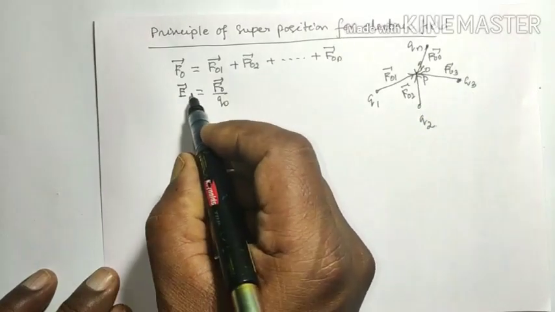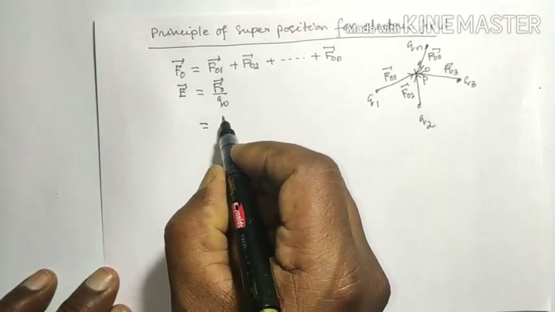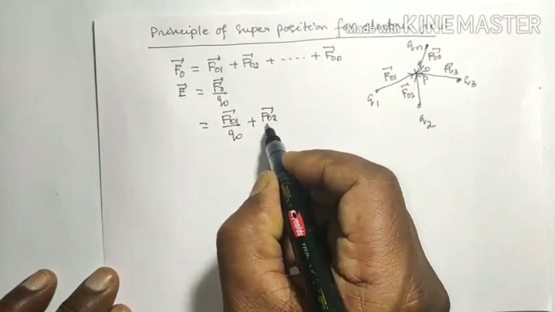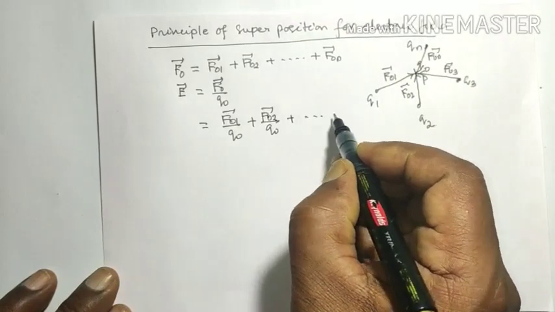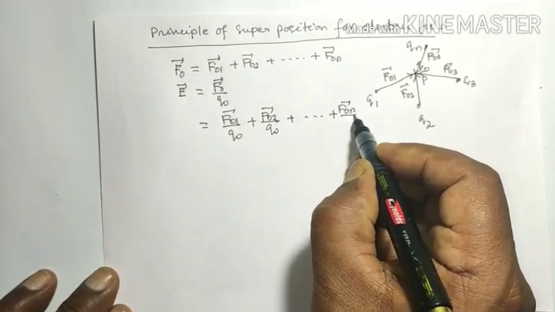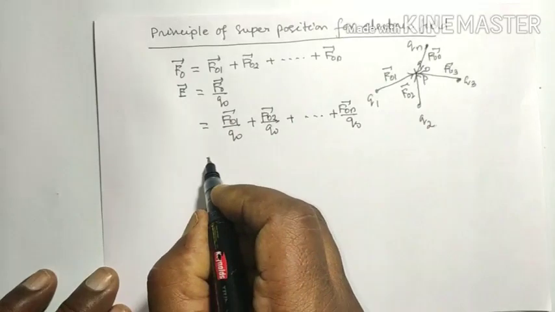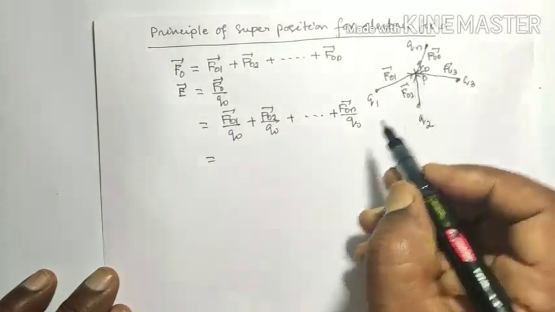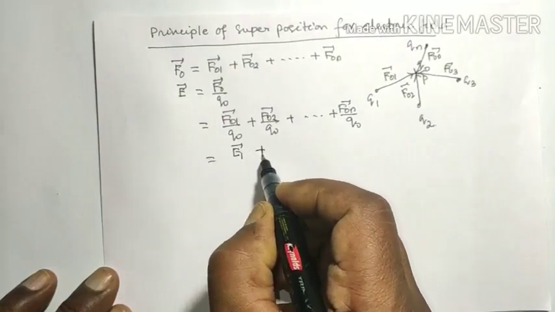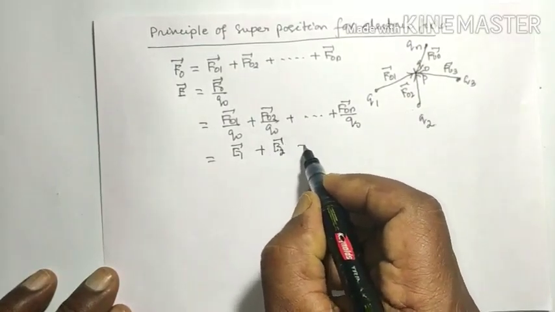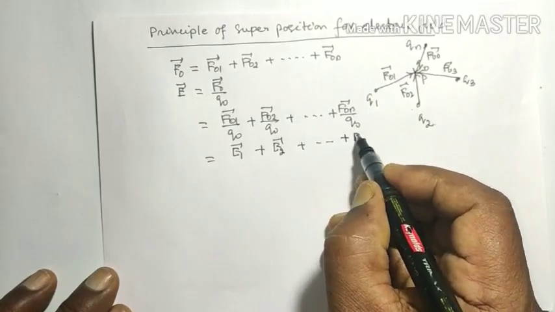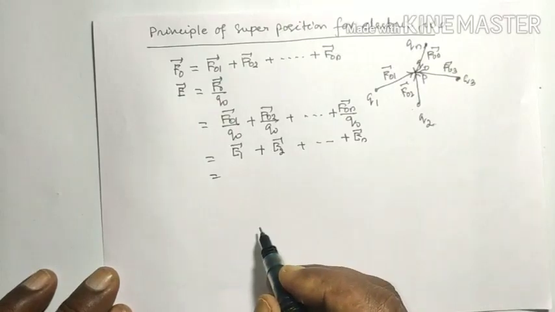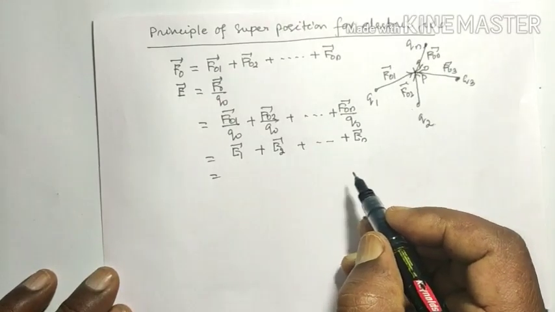So F0 by Q0, that is E, is equal to F01 by Q0 plus F02 by Q0 plus up to F0n by Q0. F01 by Q0 is the electric field due to Q1 at the point P, so this is E1. Similarly E2 plus up to En.